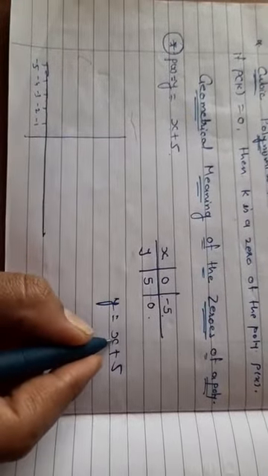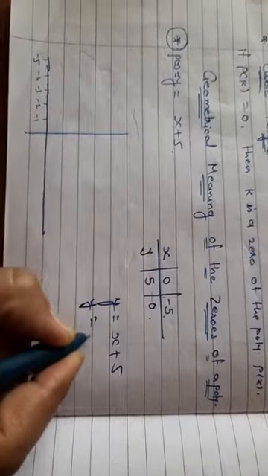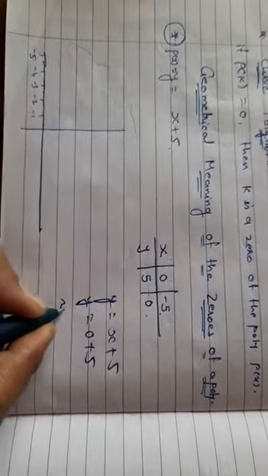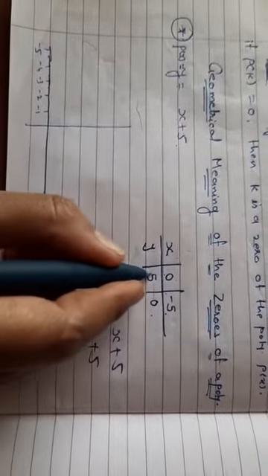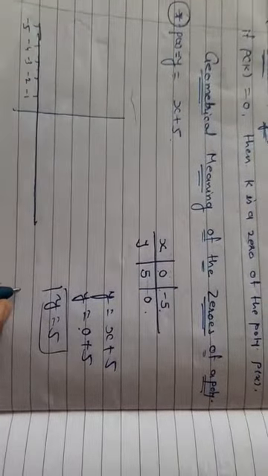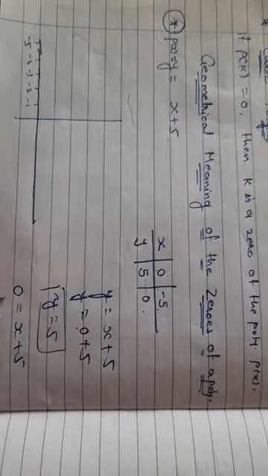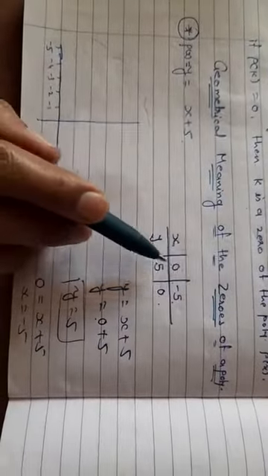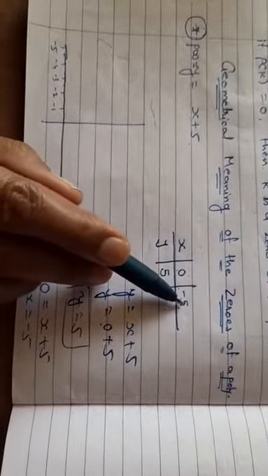Take x equal to 0. When x is 0, y is 0 plus 5, so y is 5. Now take y equal to 0. What is the value of x? Make x the subject, so x will be minus 5. So here we have the table: when x is 0, y is 5, and when y is 0, x is minus 5.